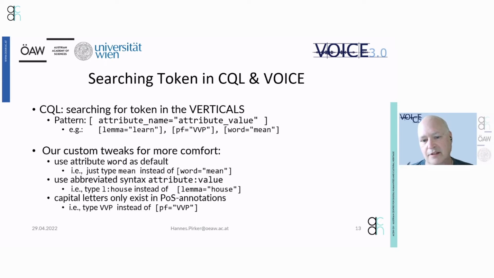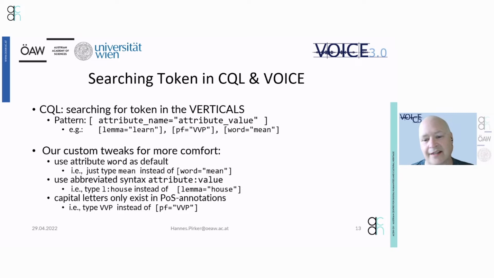Attribute equals something. So the obvious custom tweaks we apply to make it more comfortable: we use the attribute word as a default. So instead of word equals "mean" and everything in the brackets, you can just type the word as is, mean.